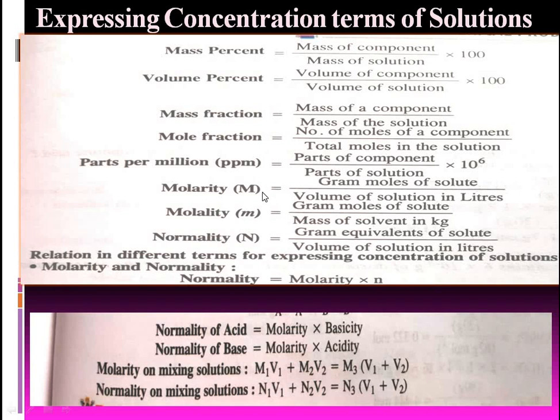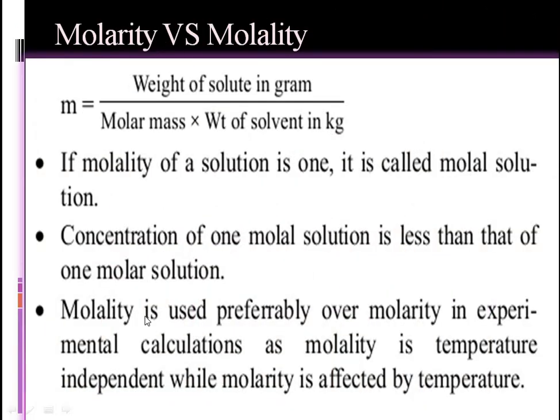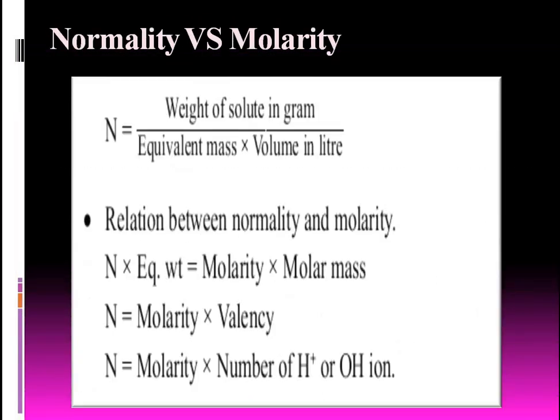So we can say that the molality term, small m, is independent of temperature, therefore it is better than molarity, because molarity gets affected by temperature. This is your molarity versus molality.